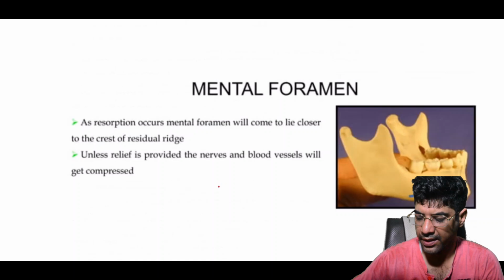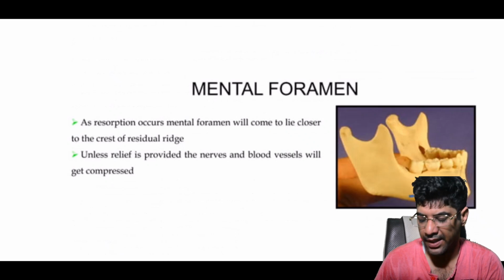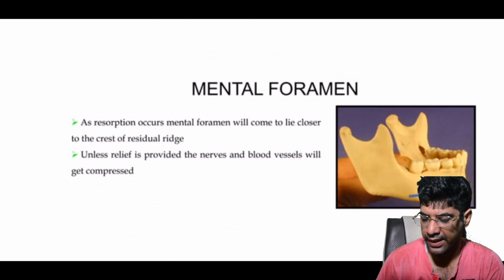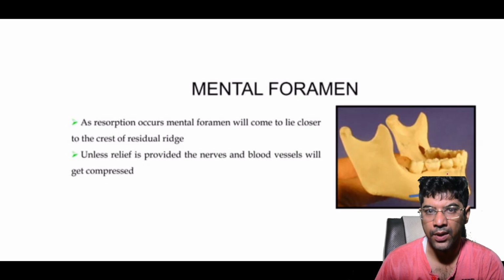Other is the mental foramen. It is located between the first and second premolar region of the mandible. So remember the location of the mental foramen: it is present between the first and second premolar region of the mandible.